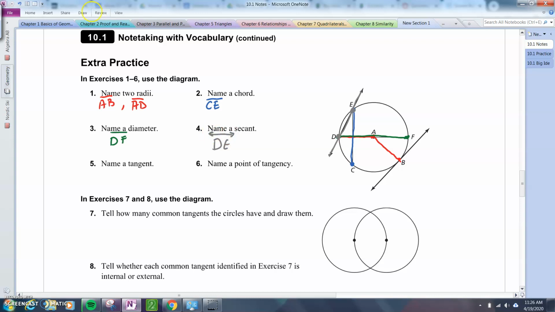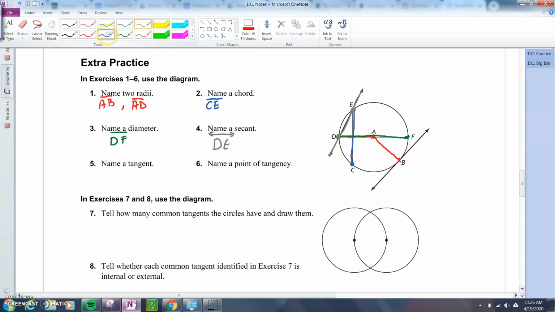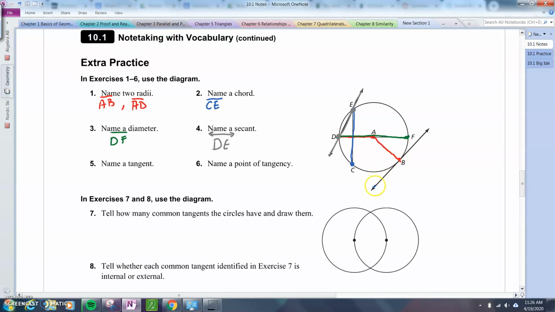Name a tangent. Well, for the tangent, we have this line here. It looks like it only has one point of intersection, which is a tangent line, at that point of tangency. I don't have two letters that are on this line, so I just have to use the word line and then one point that is contained in the line.